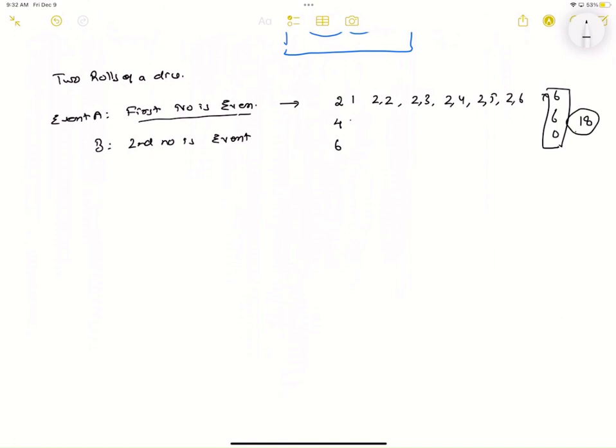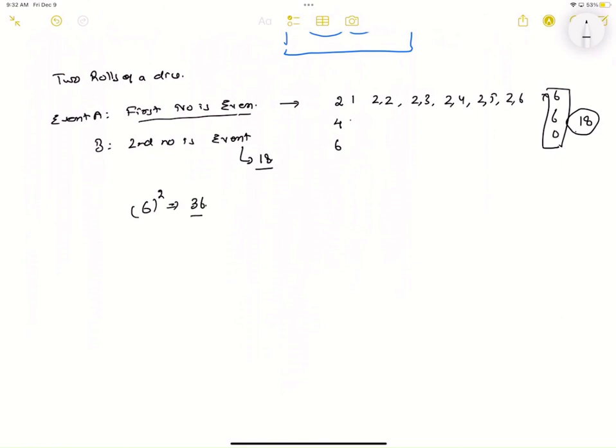The possible outcomes of event A happening is 18, and the same would be for event B. The total outcomes are 6 times 6, that is equal to 36.